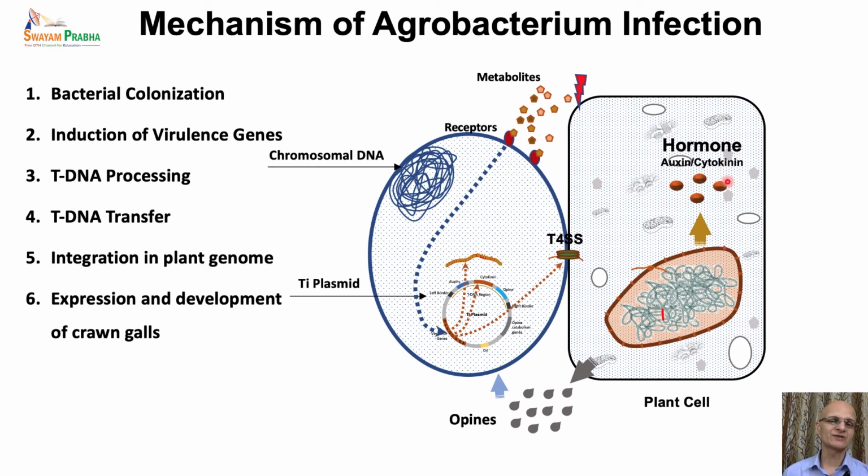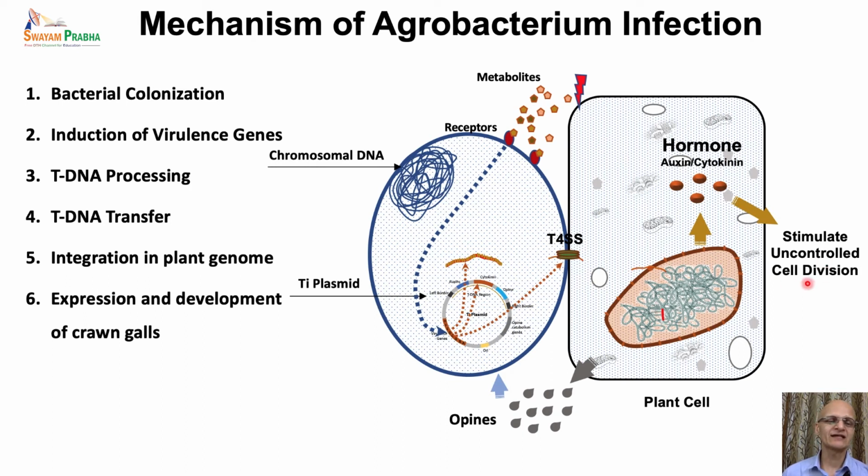These hormones, when produced inside the cell, stimulate plant cell division, and in this way they make more cells. That means more food for the agrobacterium, but at the same time more hormones that keep on stimulating the cell division, which leads to uncontrolled cell division.